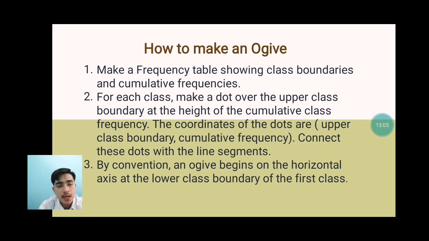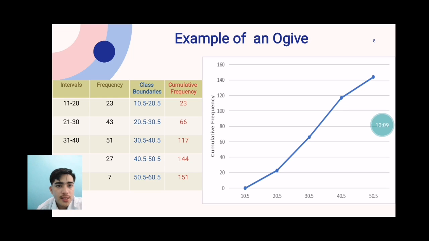Our upper class boundaries are 20.5, 30.5, 40.5, 50.5, and 60.5, and our lower class boundaries start at 10.5, 20.5, 30.5, 40.5, and 50.5.